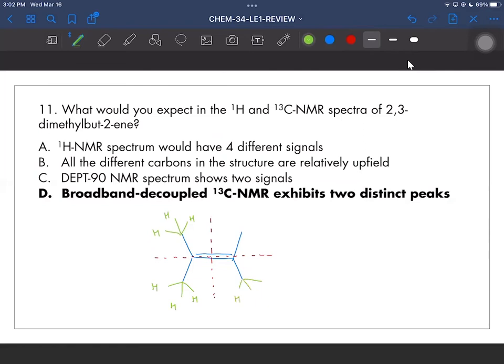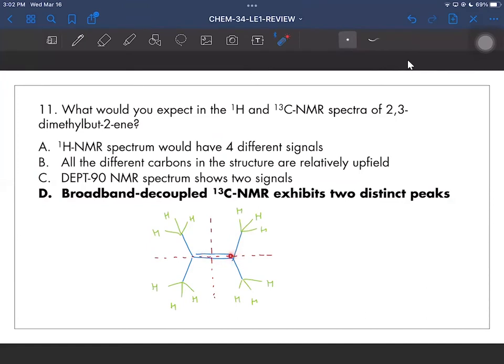And because of that, they would only comprise one peak in the HNMR spectrum, one HNMR signal. So letter A is false. Letter B: all the different carbons in the structure are relatively upfield. This is false because although we have a relatively upfield methyl group, which is sp3, we do have an alkene carbon, which is sp2.